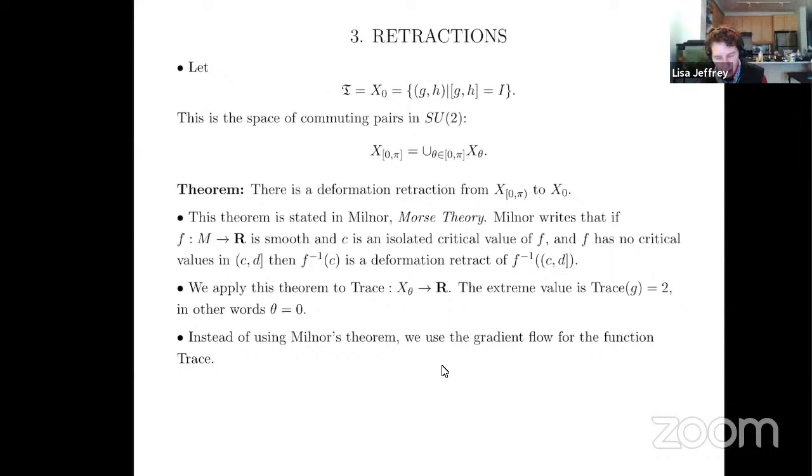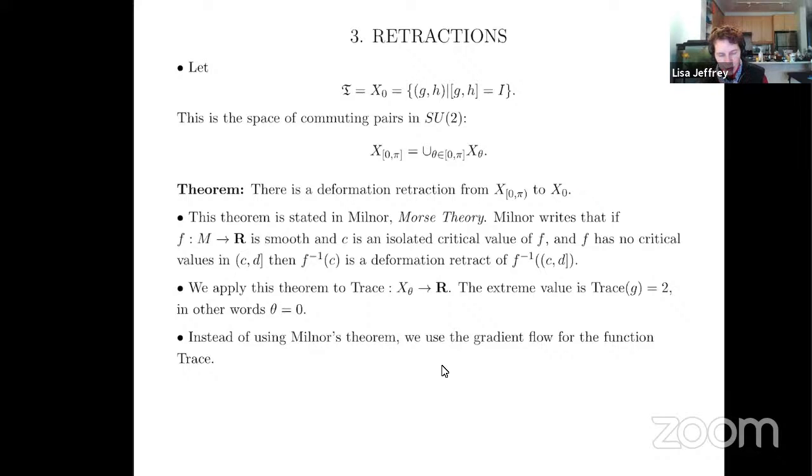And I introduce the notation X sub open interval from 0 to pi, which means all the X thetas except for X pi. And we show that this space deformation retracts to X0, the space of commuting two-tuples.